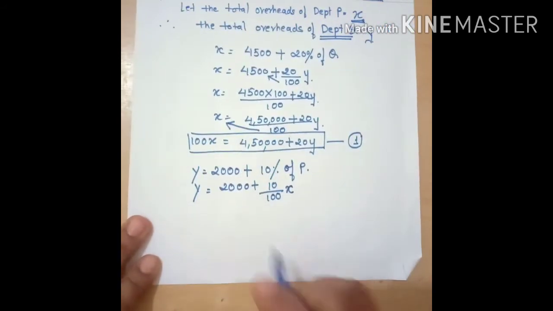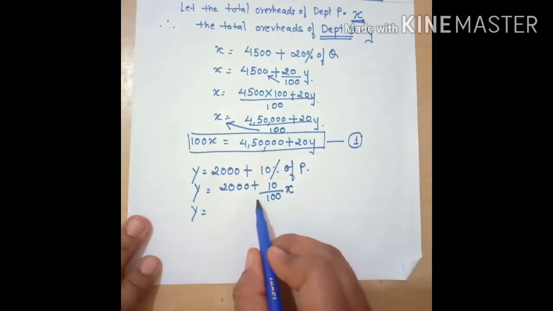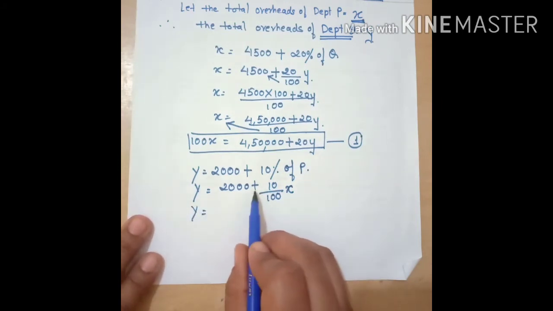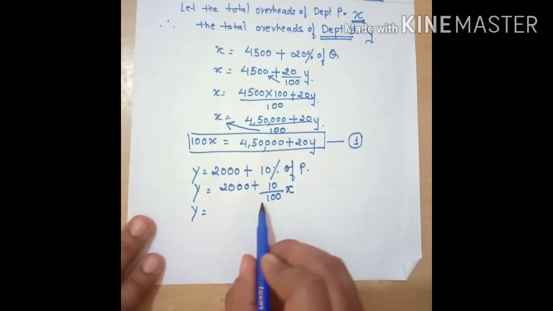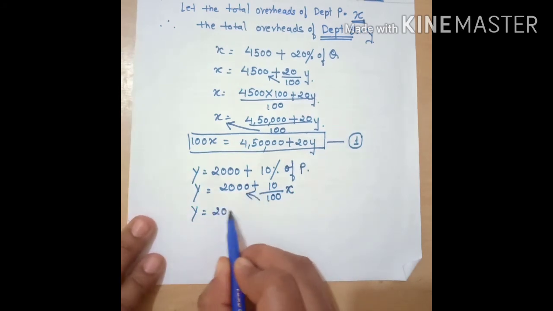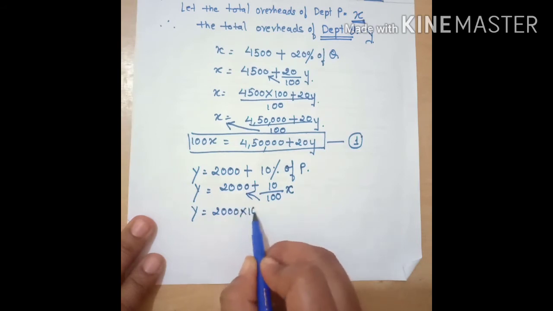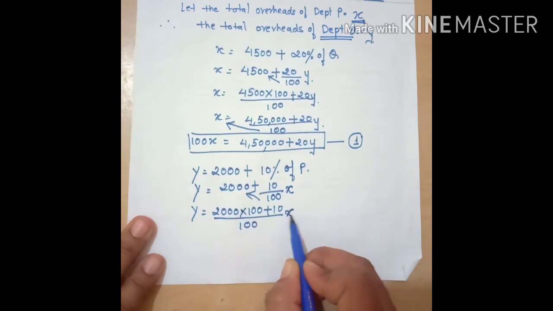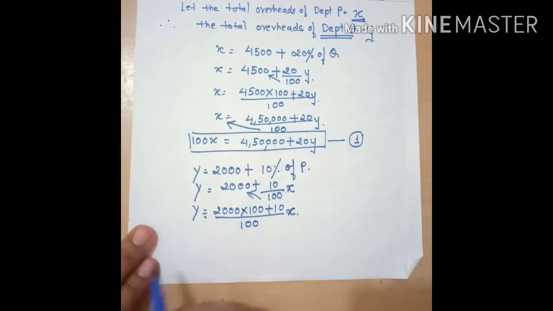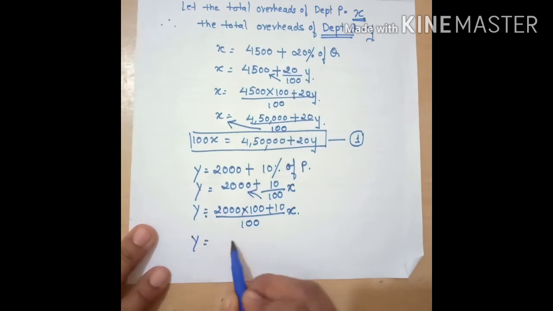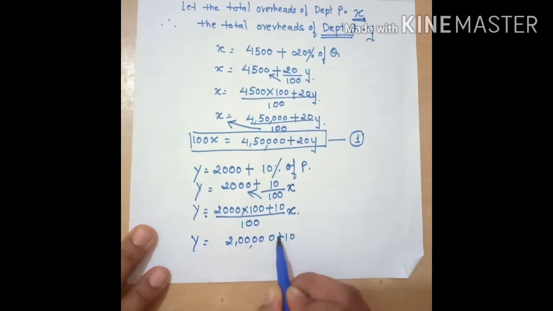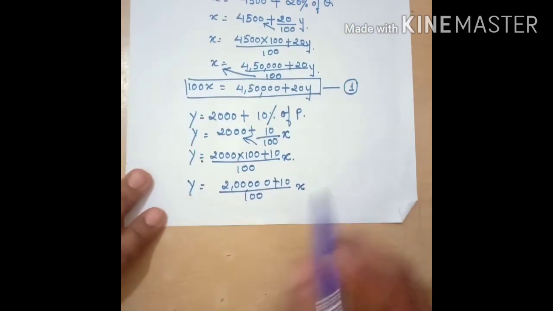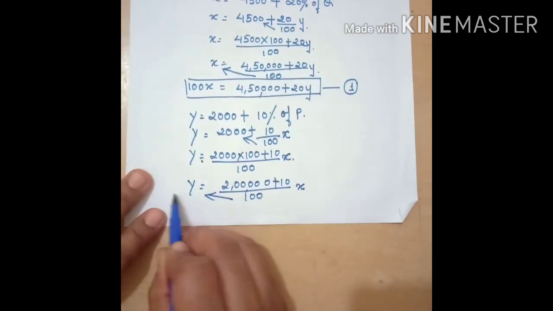Again in further solution, we have to do addition, but the addition is not possible because the numbers are given in fraction. So we have to multiply it. It comes to 2,000 multiplied by 100 plus 10 divided by 100 X. So Y is equal to 2 lakhs plus 10 upon 100 X. Then we'll transfer this 100 to this side.